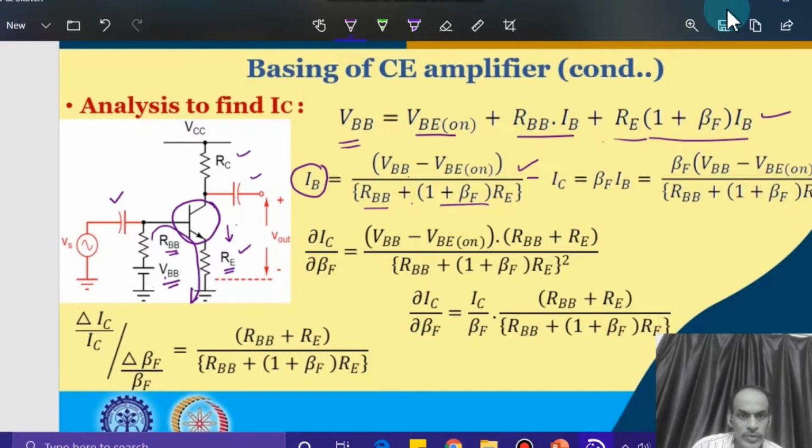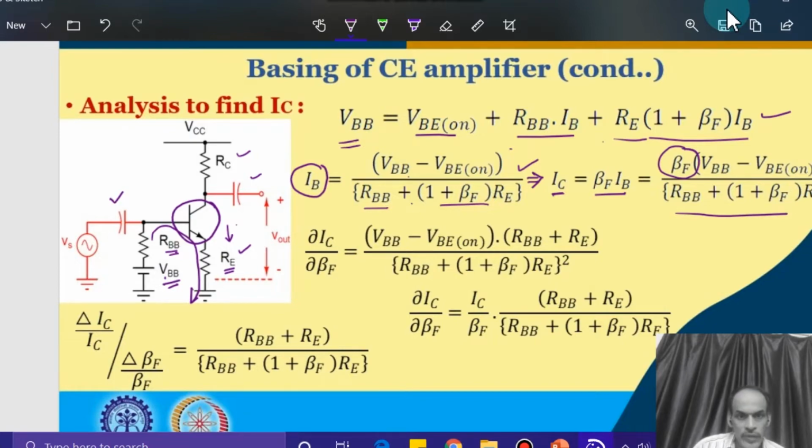Now from that we can find the expression of the collector current. The collector current is beta times IB. So this expression is the same as this one, except we have the multiplication factor beta F. So this is the expression of the collector current.